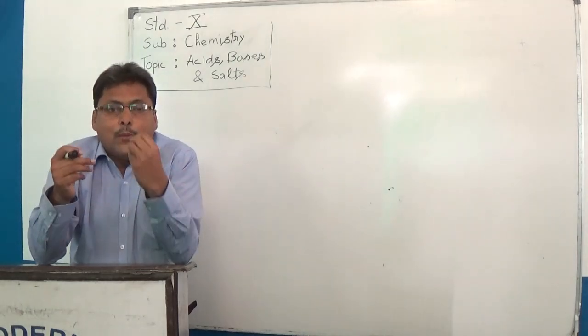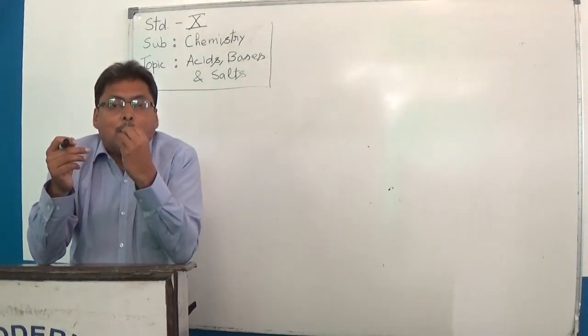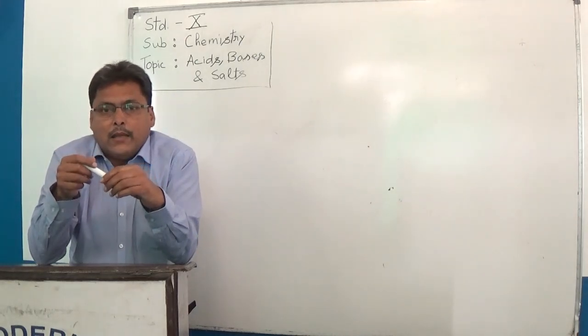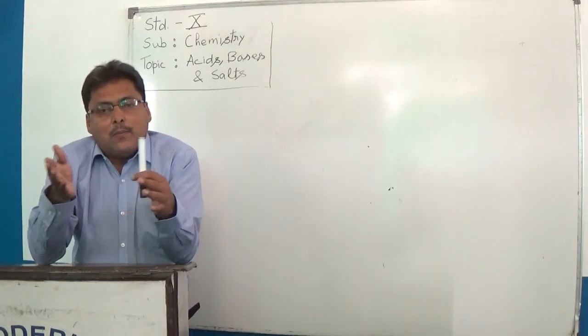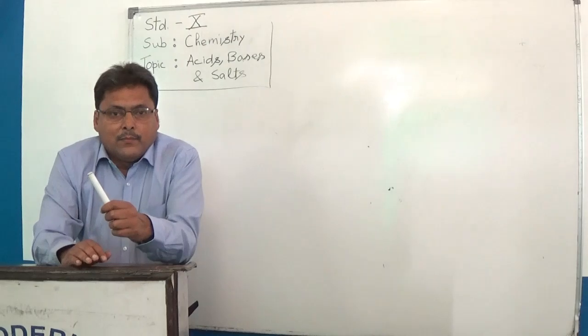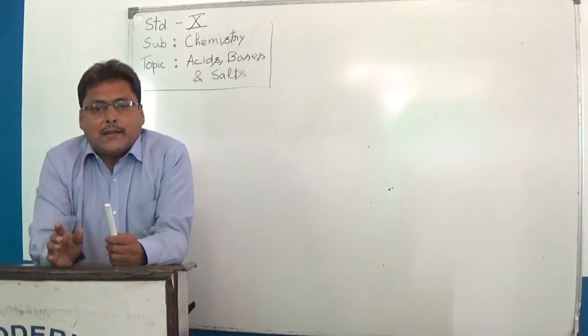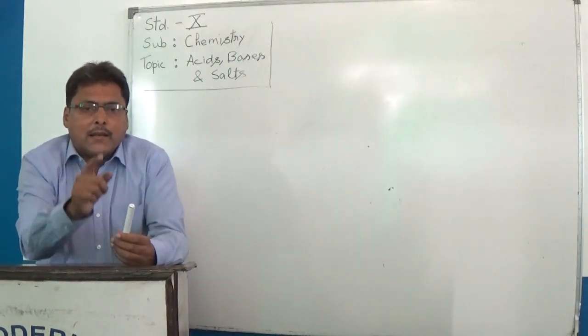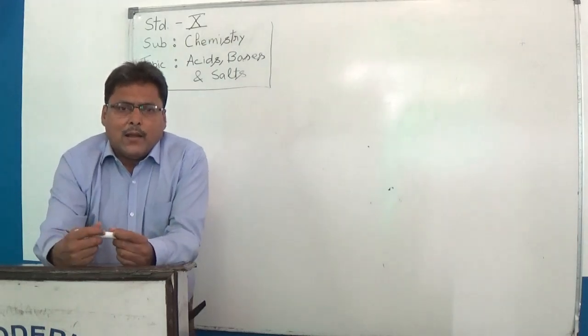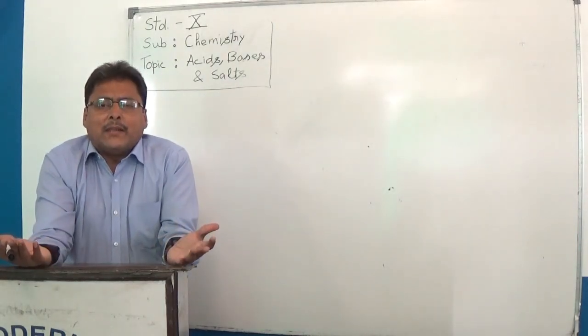How? We primarily classified them by taste. In fact, acidus, this word means sour taste. Base has bitter taste. You yourself have learned this in class 4th, 5th level. But what is an acid? Acid is something that tastes sour.